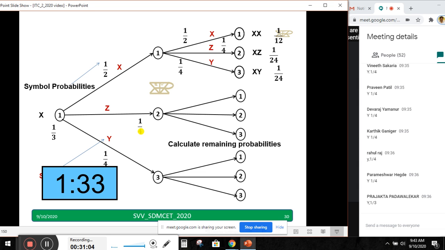You can simply type the symbol followed by the probability, or you can type all together, no problem.